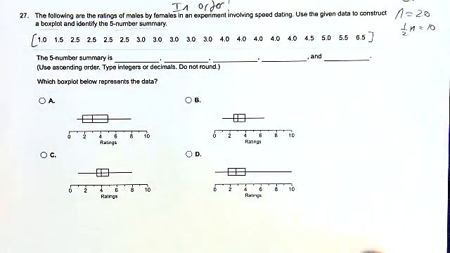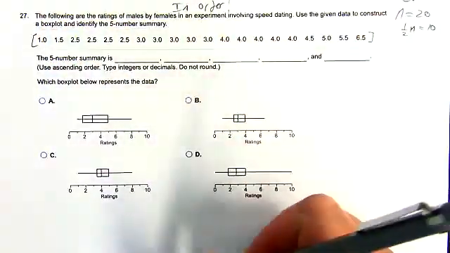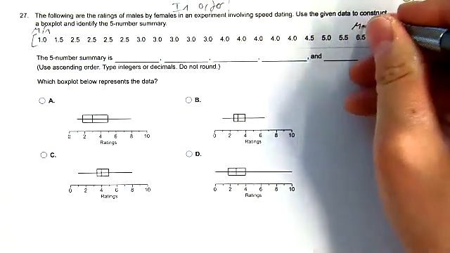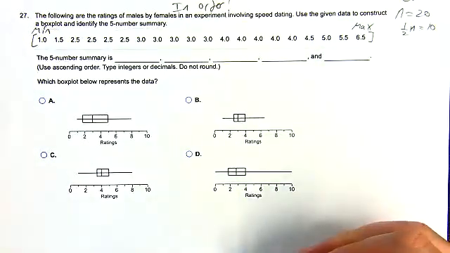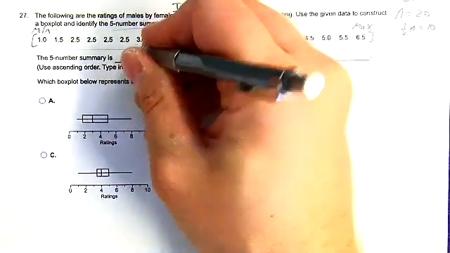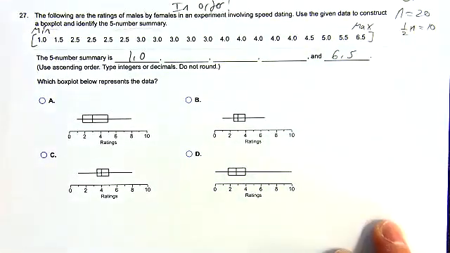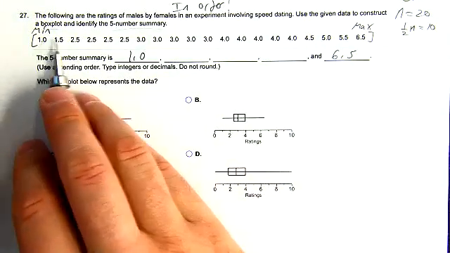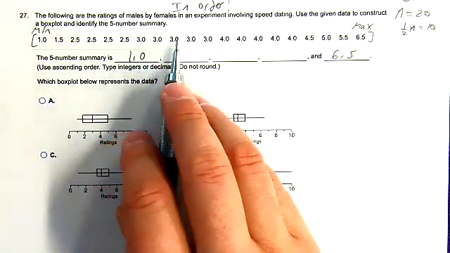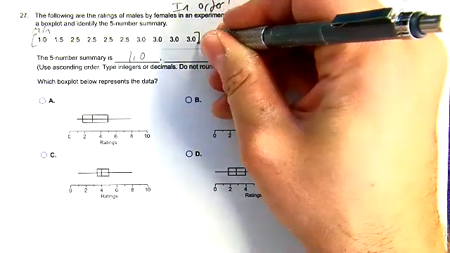So now I can just count. Well, I can pick out the easy answers. So here's my minimum, 1.0. Here's my maximum, 6.5. So I can already fill out the first and last answer. 1.0, 6.5. Now I'll count 10. 1, 2, 3, 4, 5, 6, 7, 10. So here's the halfway point.